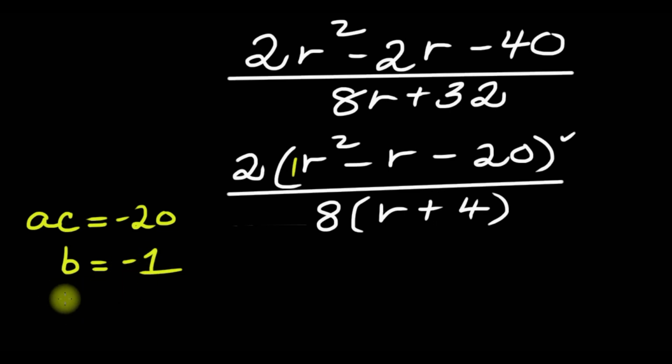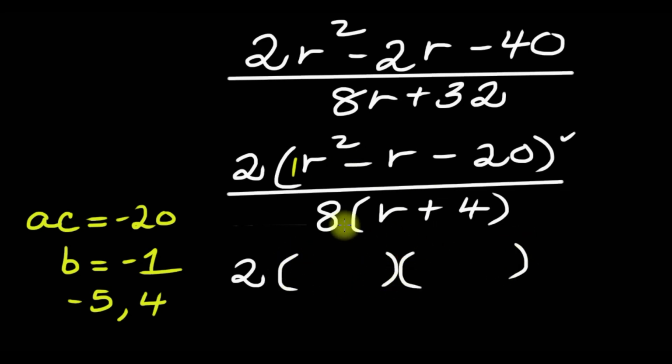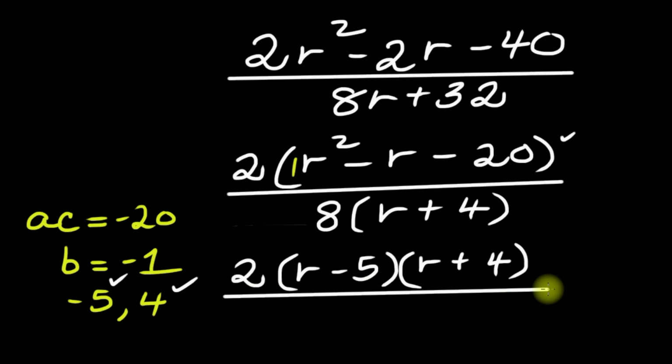So that would be negative 5 and then a positive 4. So the trinomial is factored into two binomials, and that's going to be r take away 5 because of negative 5, and then r plus 4 because of the positive 4. And then it's all over 8 times r plus 4.